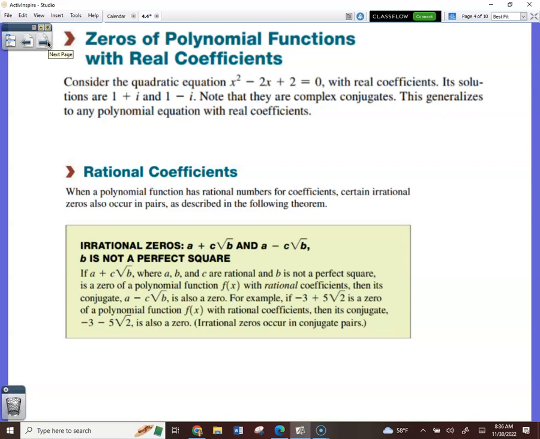So this slide's saying, look at this particular quadratic right here. If I was to solve this quadratic, I would come down to these two imaginary solutions, 1 plus i, 1 minus i.